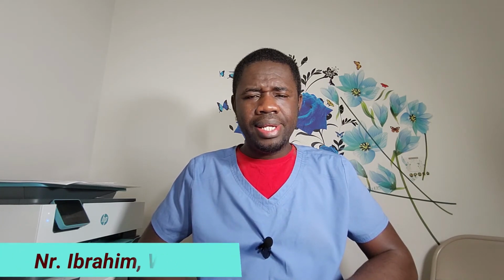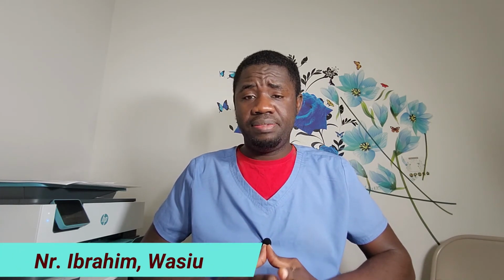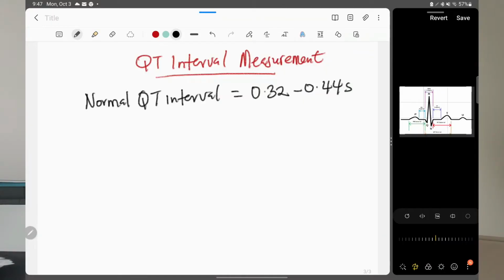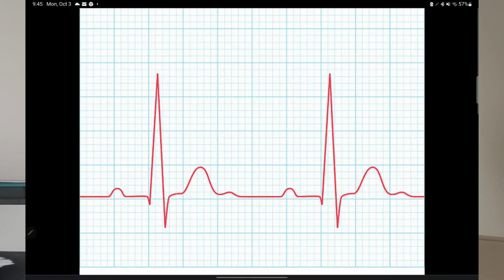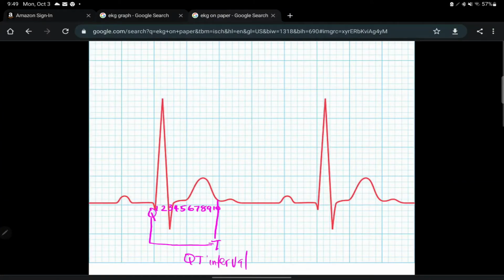Now, the QT interval that we talked about should be less than 0.44 second. So in this graph, how many boxes does the QT interval occupy? We have 1, 2, 3, 4, 5, 6, 7, 8, 9, 10. 10 small boxes.